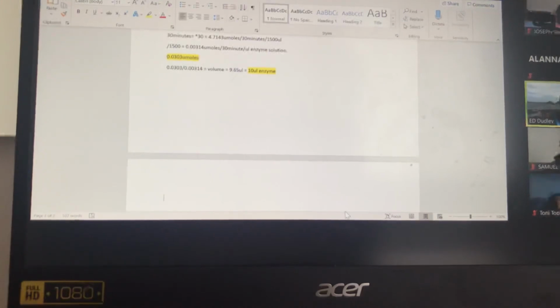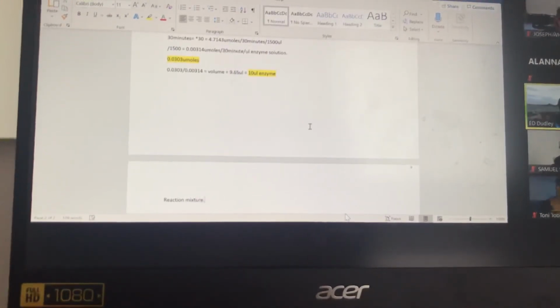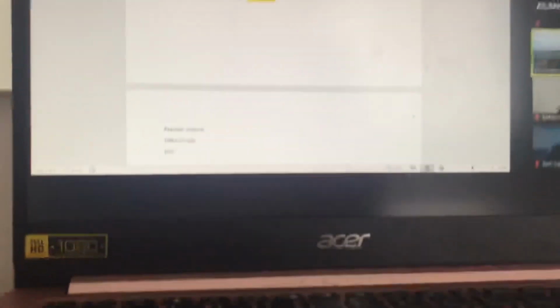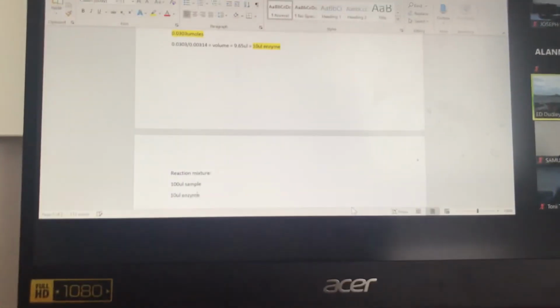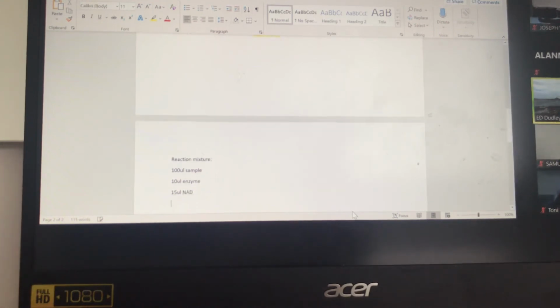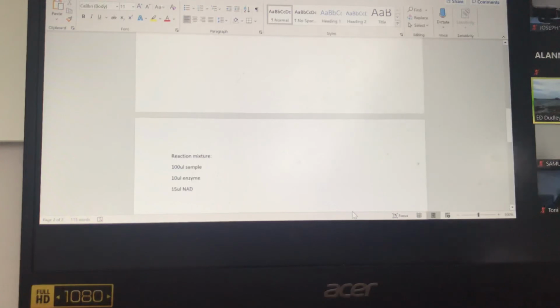So far, our reaction mixture is 100 microliters of sample, or phenylalanine, 10 microliters of enzyme, 15 microliters of NAD, and we need to make it up to a total volume of 200 microliters.